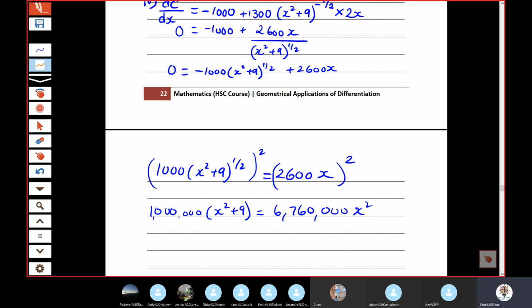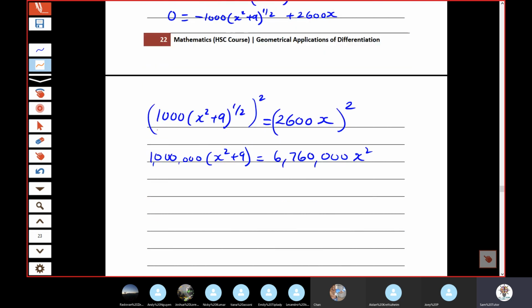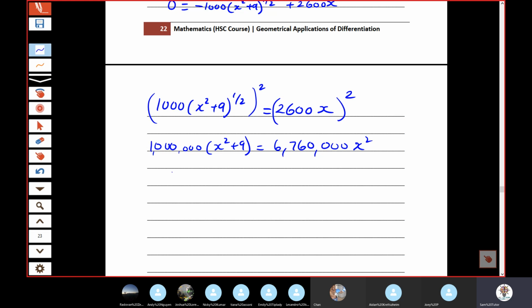Expand, simplify, solve for x. I think the next few steps are easy. That's 1,000,000 x squared plus 9,000,000 equals 6,760,000 x squared. Take away 1,000,000 from that.